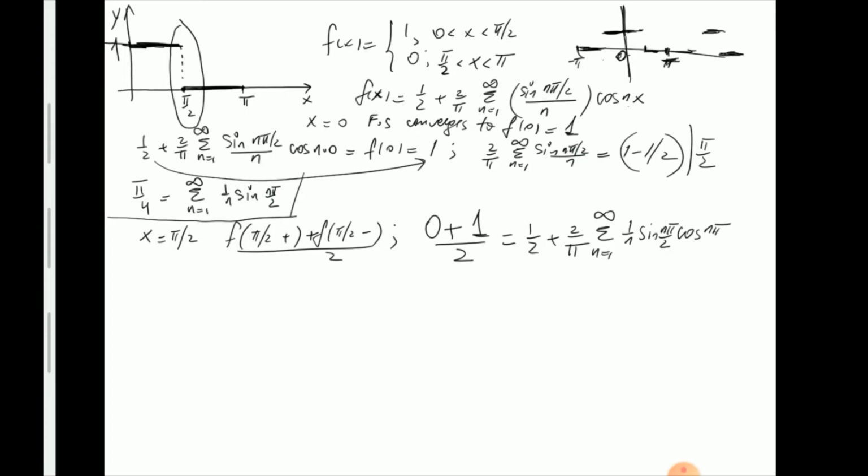Because you replace x with pi over 2. And actually, in this case, you can check without the calculator that this is correct. Because see, 1 over 2 cancels. So that implies that this series should be 0.